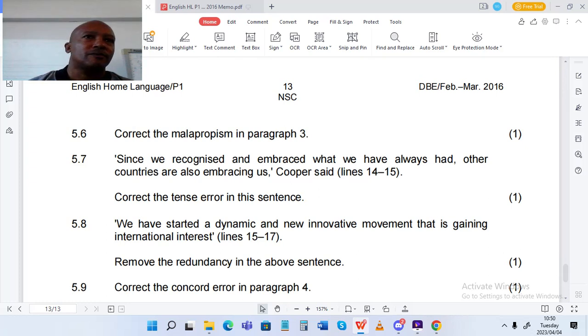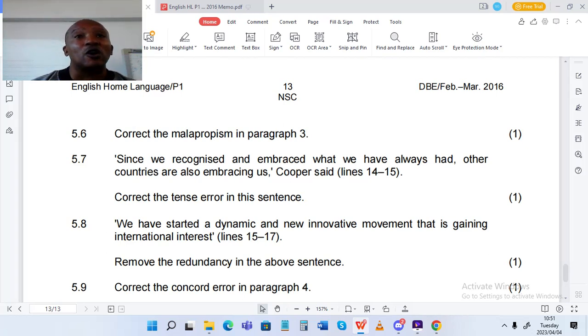Error of concord. Do you remember what error of concord is? Any idea? It has to do with the boy is or the boy are. Is and are. Ones and twos. Has and have. So one boy kicks, two boys kick.